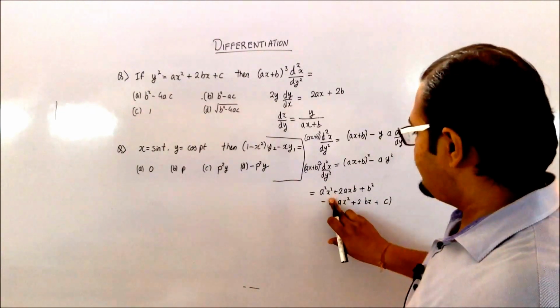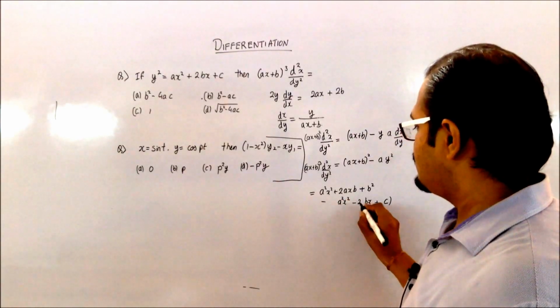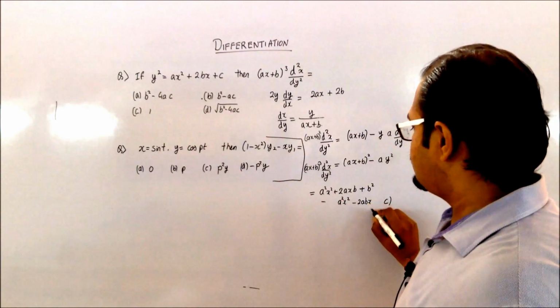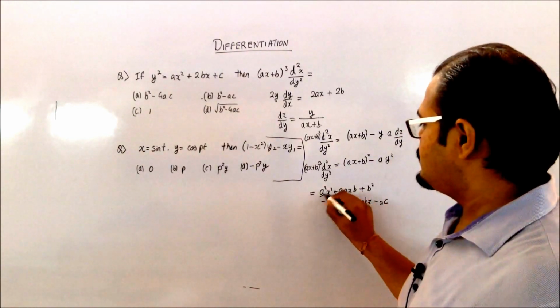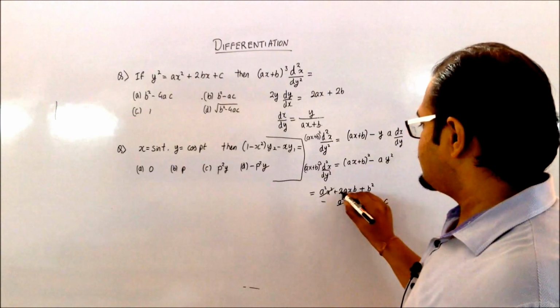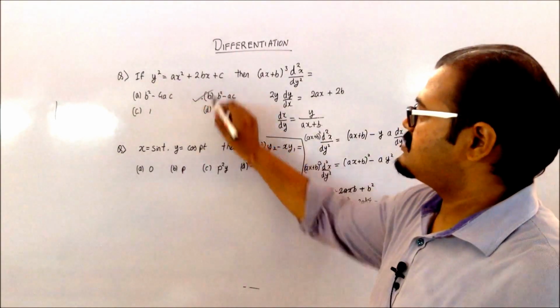So that a multiplies itself inside and the sign changes. So this becomes minus and minus ac. So this gets cut, this gets cut, and the answer is b square minus ac, which is your option B.